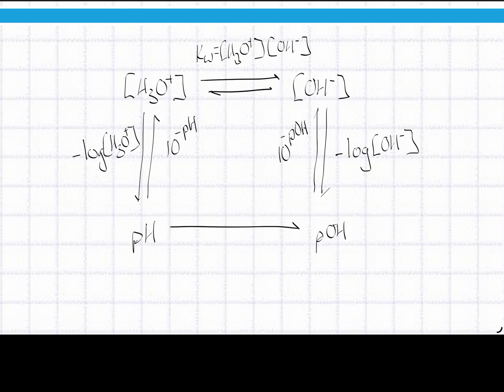And then we can convert between these two because 14 equals pH plus pOH. So it's really up to you which way you want to convert.